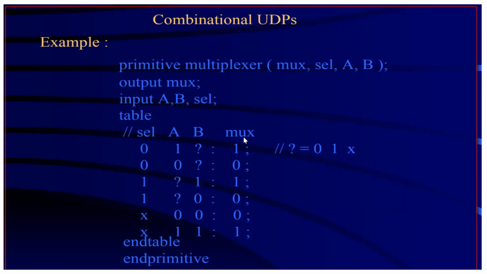Question mark means any of the three values: 0, 1, and x. What will come when I select 0? Automatically A will come. What is the A value?